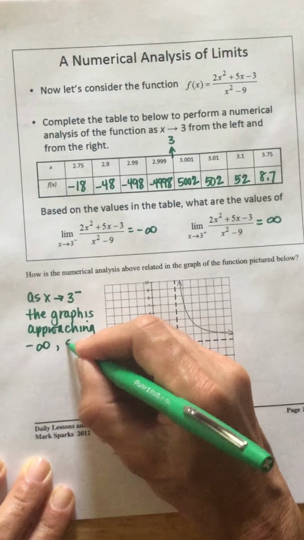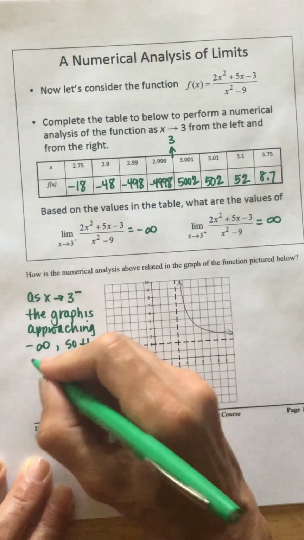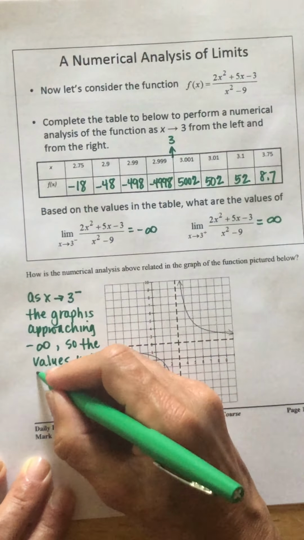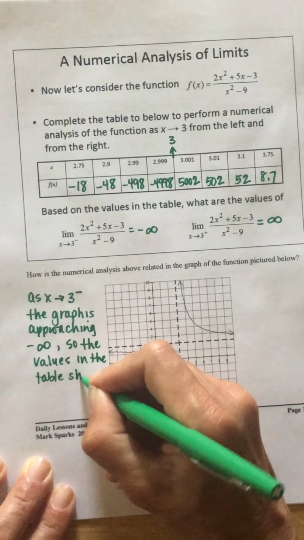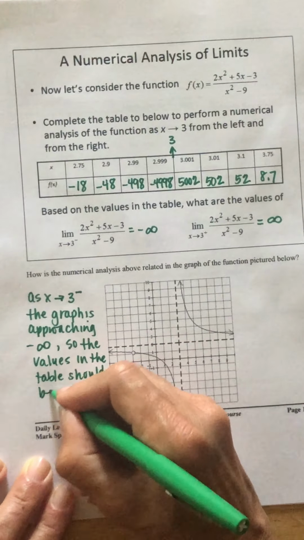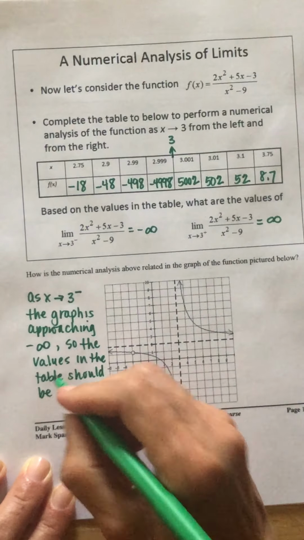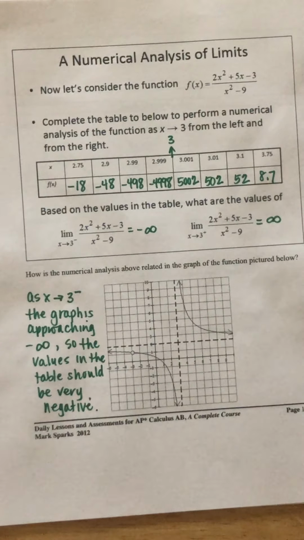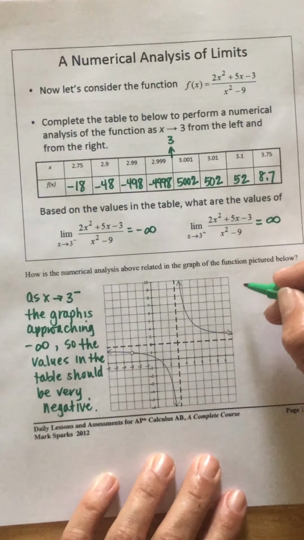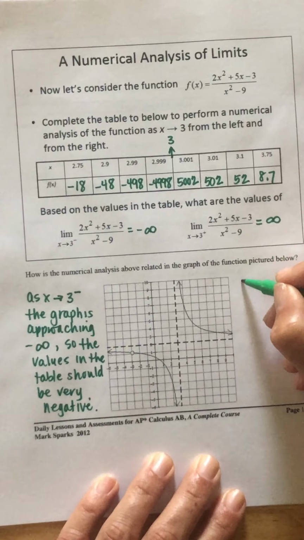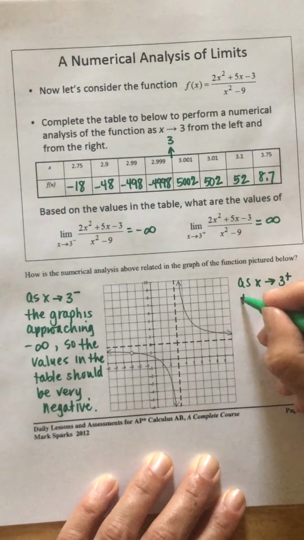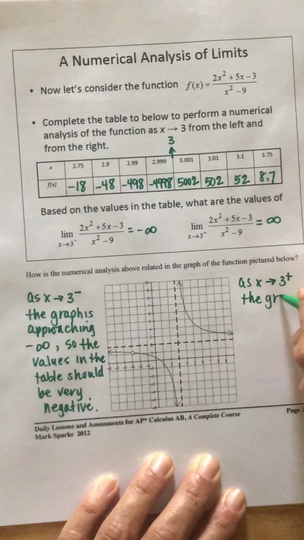So what that means is the values in the table should be very negative as you head in. And they did. They started at -18, and then all of a sudden you're at -5,000 pretty much. So they got really negative really fast. All right, so on the right side, as x approaches 3 from the right, the graph is approaching +infinity.